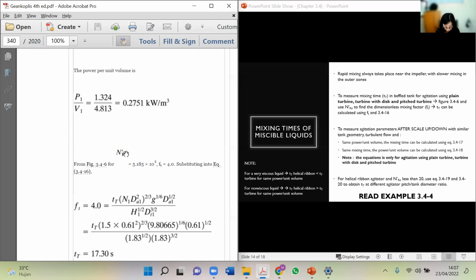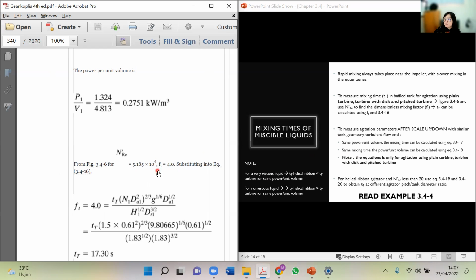It is known from the previous example that N prime Re is 5.185 times 10 to the power of 4. Now, using the previous N prime Re, we can use figure 3.4-6 to find this dimensionless mixing factor, or fT. Also, we know that it's 4.